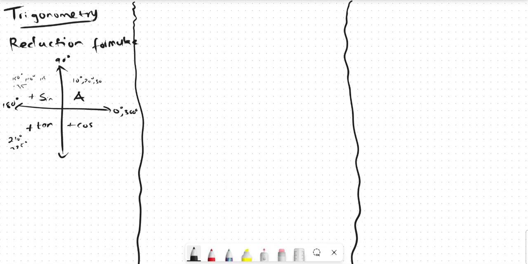Quadrant 4, you have your angles less than 360 but more than 270, so your 330 will be here, your 315 will be here, your 300 will be here, just like that.